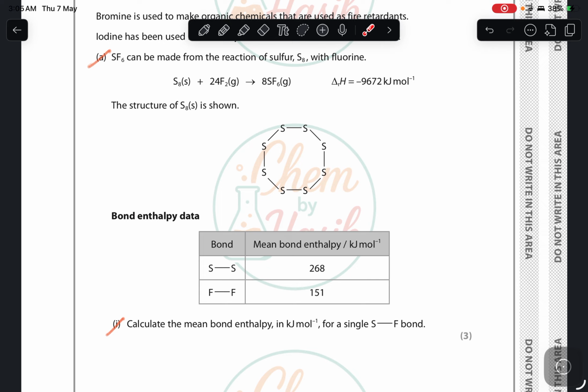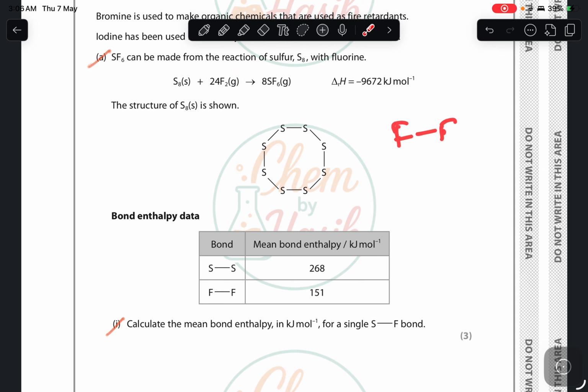So in case of E in, when bonds are broken, in S8 there are 1, 2, 3, 4, 5, 6, 7, 8 bonds broken. So in E in, you have to write 8 multiplied by the bond enthalpy of the SS bond, because 8 moles of bonds are broken here in S8, right? Then bonds are also broken in fluorine.